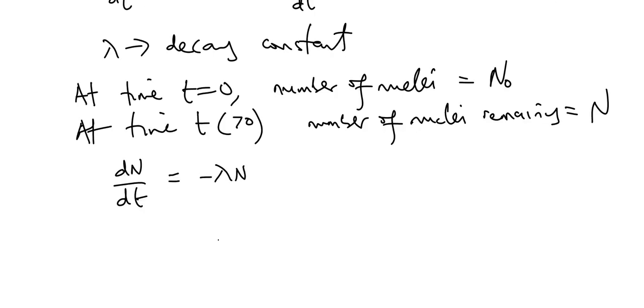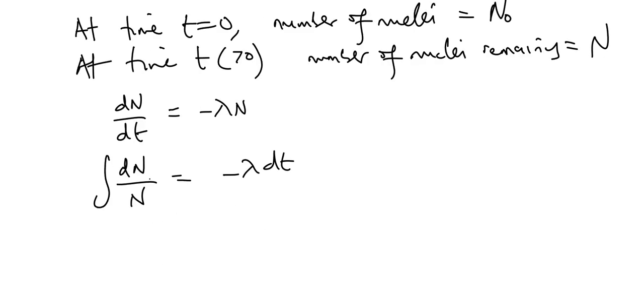If we rearrange this so that we have dN over N equals minus lambda dt, we're able to integrate with respect to N and with respect to t. The original time is 0 and the final time is t, so the original number of nuclei is N naught and the number at time t is N. So we have to work out the integration.